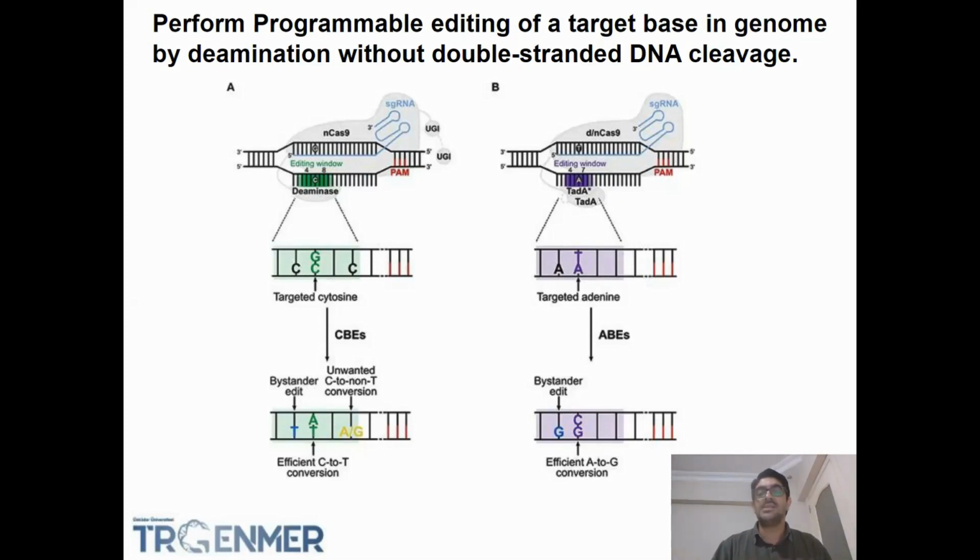The same is true for the cytosine deaminase: the targeted cytosine can be converted to thymine, but the bystander cytosine can also be converted to thymine, and these kinds of limitations are still a problem in the base editor system.